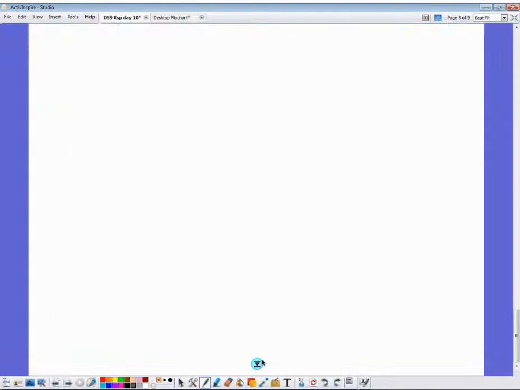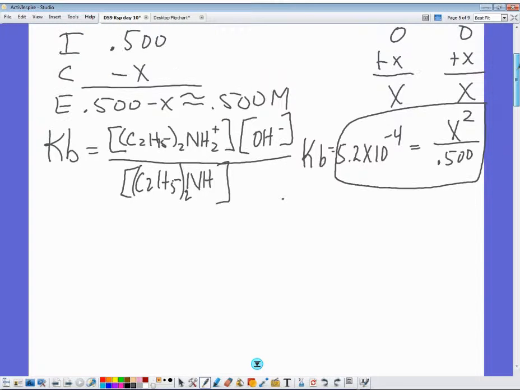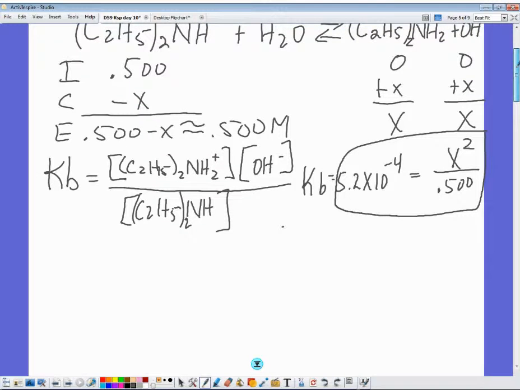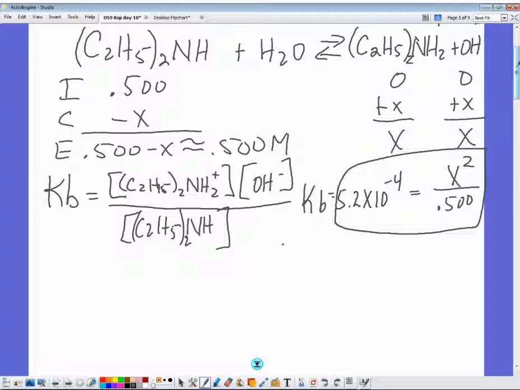Okay. Go up a little bit, not quite that much. It just disappeared on me big time. All right, so we'll leave it like that. Now, when I do my math, I'm going to get something equaling x, and x, according to my ICE chart, is not hydronium, it's hydroxide, yes? Okay.